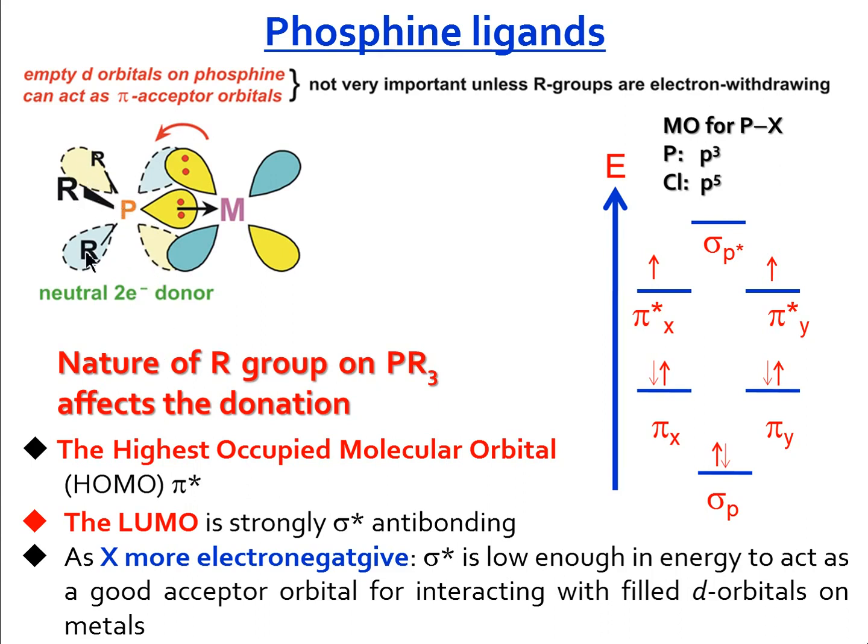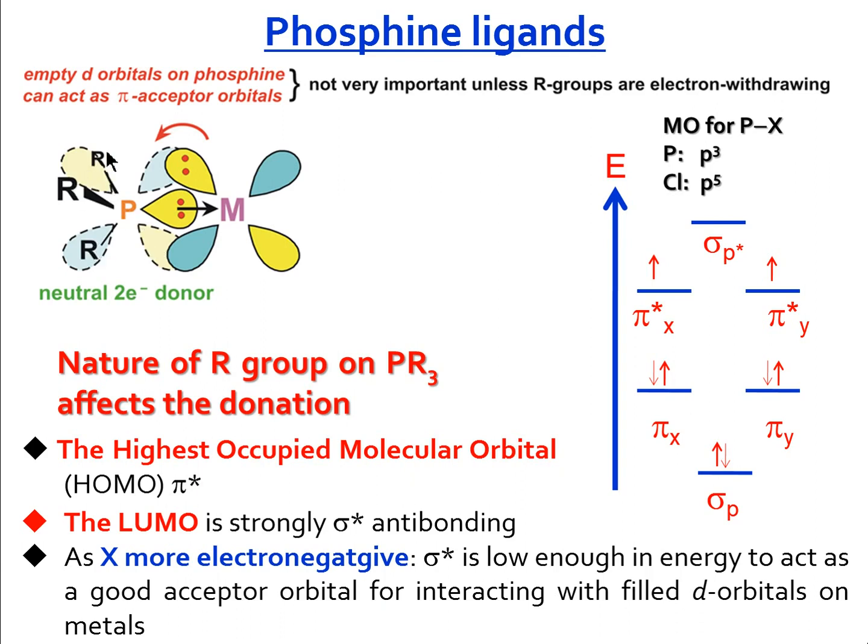The nature of the R groups affects the donation and the acceptance of phosphine. When R groups are good donors, it will increase the electron density of phosphine, so PR3 becomes more donor.